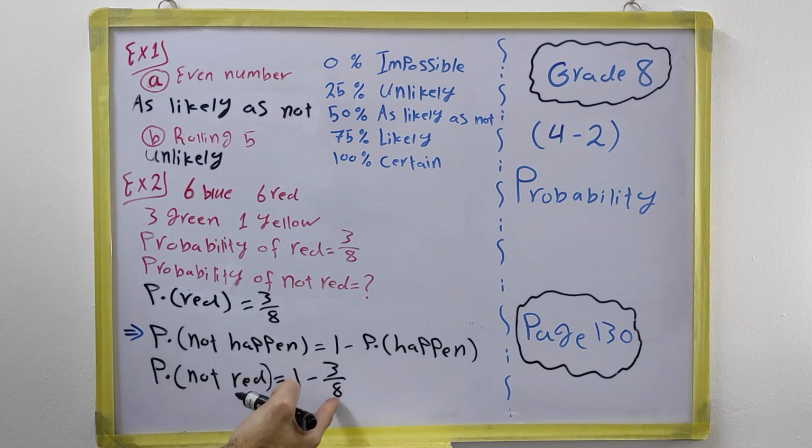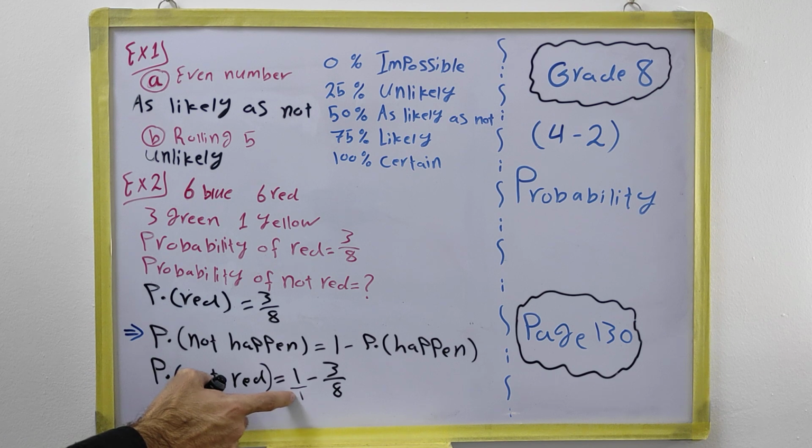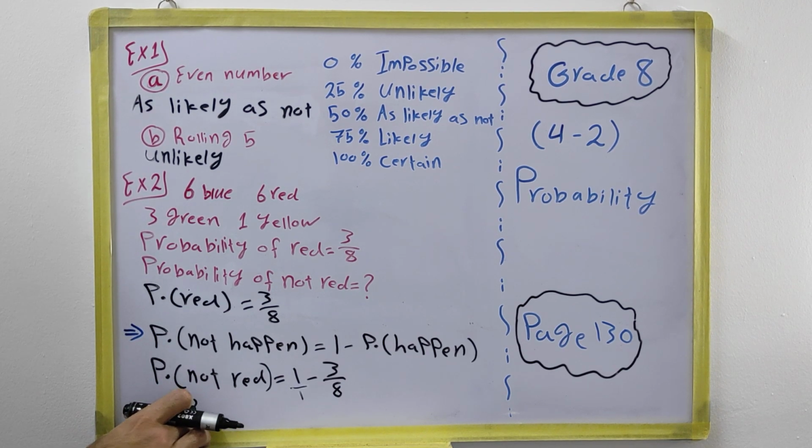It's a fraction, so we have to make the same denominator. We know 1 is 1/1. To make it the same denominator, we have to multiply this by 8/8. So it would be 8/8 minus 3/8.